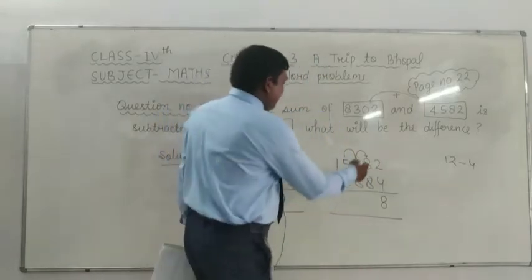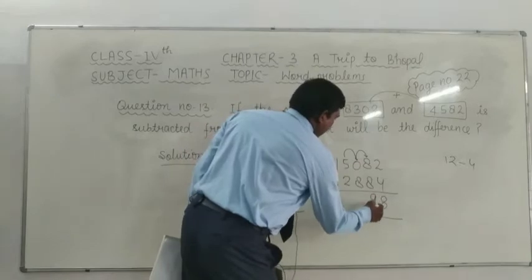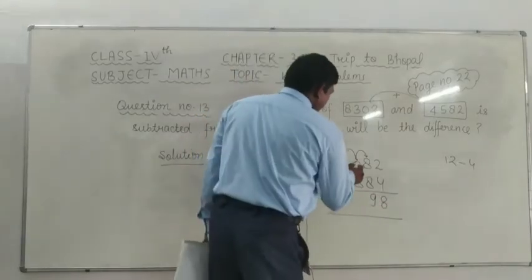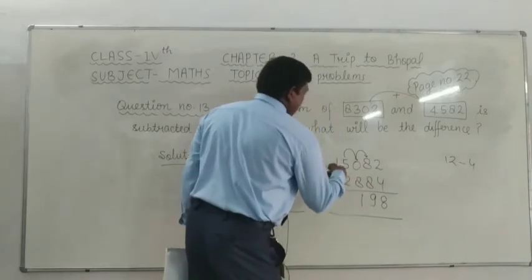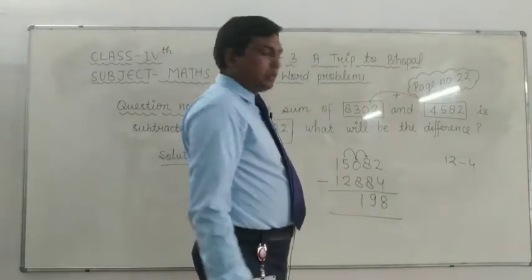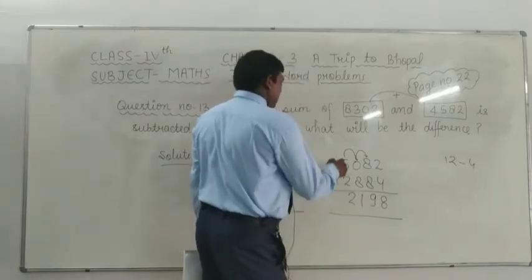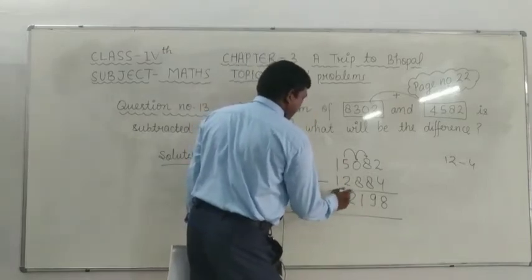And 17 minus 8 is 9, and here we get 9 in place of 10. 9 minus 8 is 1, and here we get 4 in place of 5. 4 minus 2 is 2. And 1 minus 1 is 0. It means that cancels out.